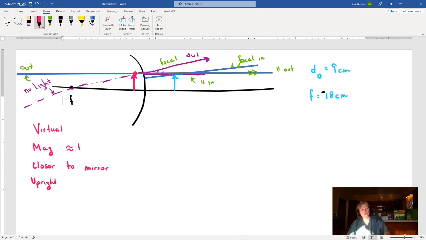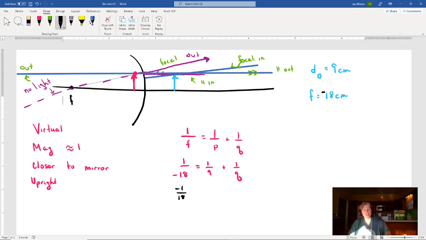So let's check that with math. 1 over F equals 1 over P plus 1 over Q. So it's 1 over negative 18 equals 1 over 9 plus 1 over Q. Now this is one where it's easy to get a common denominator, so I'm going to go ahead and do that.